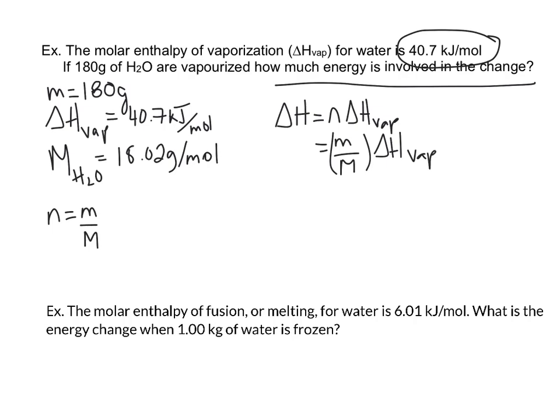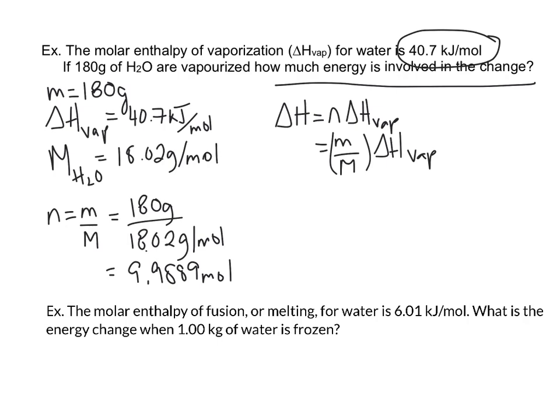And this will give you your enthalpy change. Or you can calculate your moles separately and then plug those into your equation. If you plug them in, make sure you carry extra significant digits so you don't introduce rounding errors. This is equal to 9.9889 moles.